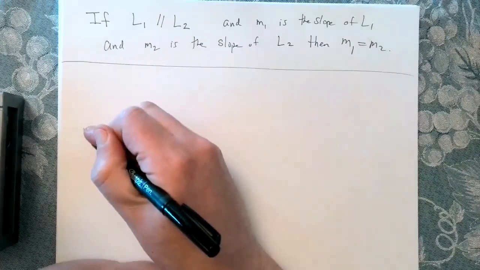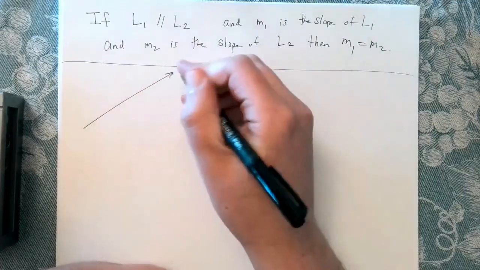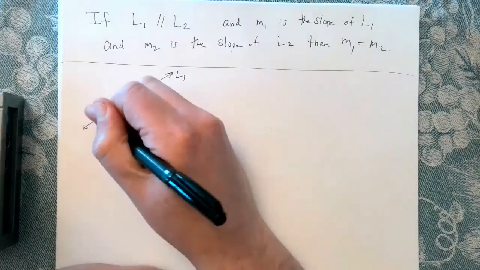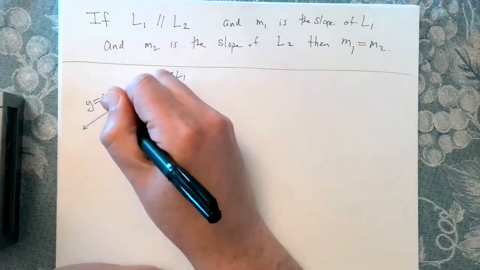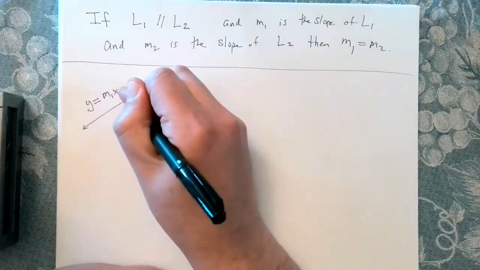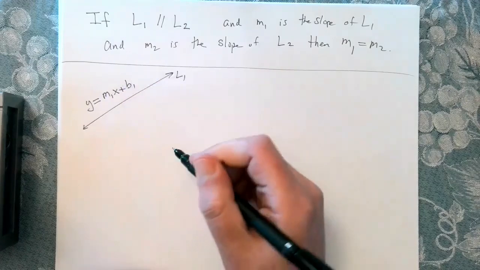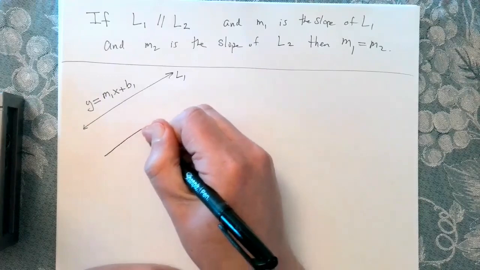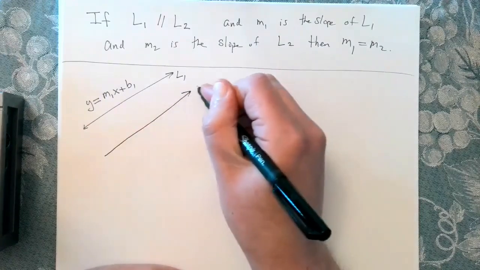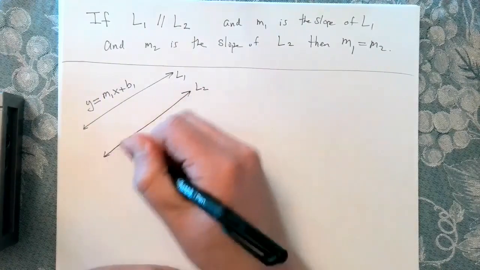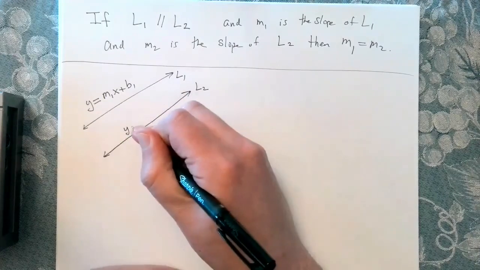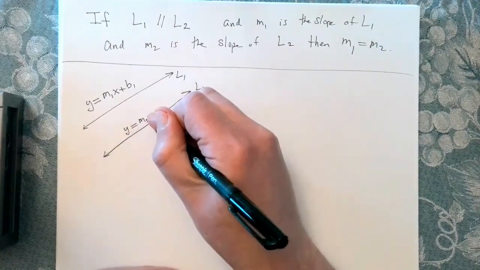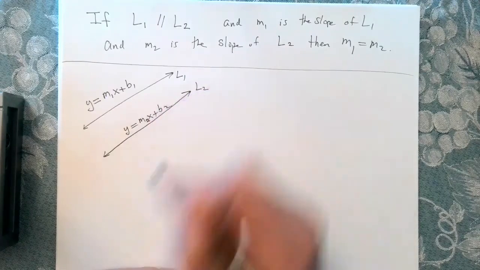Okay, so let's start with two parallel lines. Let's say this is line 1, and line 1 is given by the equation y equals m1x plus b1. And we're going to choose L2 so that it's parallel to L1. Let's say that L2 is given by y equals m2x plus b2.